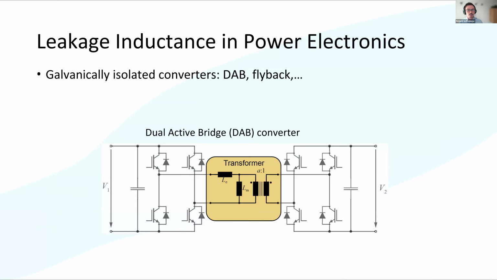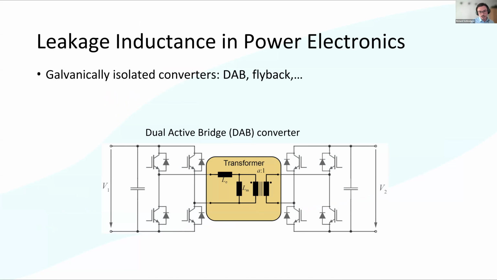Well, in power electronics, we have several galvanically isolated converter types that are, for example, the dual active bridge, flyback converters, resonant converters, and many more.